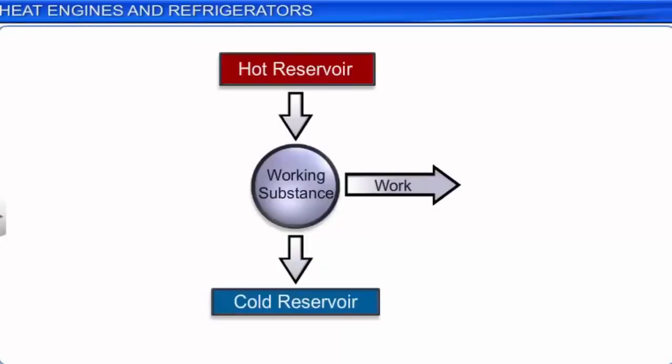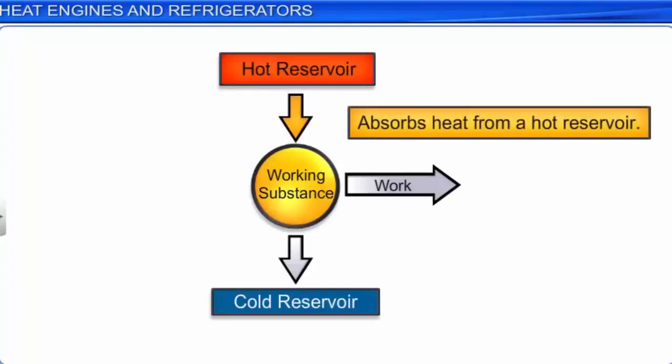The schematic representation of a heat engine is as shown. In each cycle, the working substance passes through the following main processes. First, it absorbs heat from a hot reservoir maintained at a high temperature.